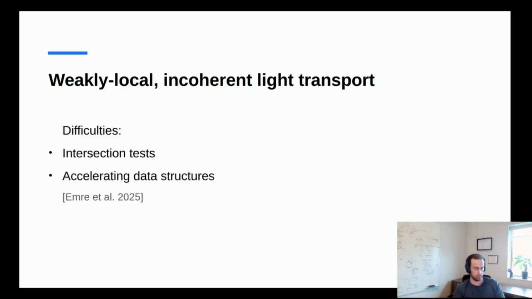There are still things that need to be dealt with. Accelerating data structures have been investigated a little bit more in existing literature, but still not to the depths that we need. And there are other such problems. Since then, we have developed most of the geometric tools that we need. And Umut, who is a very strong undergraduate student, will be presenting that work this very week, I believe, in Pacific Graphics.